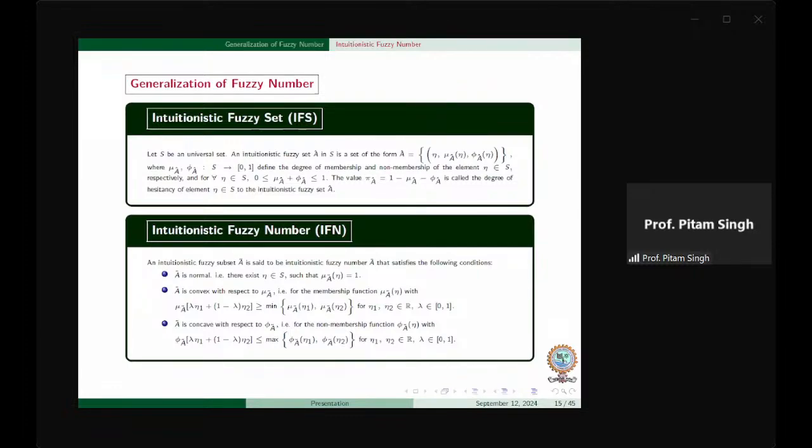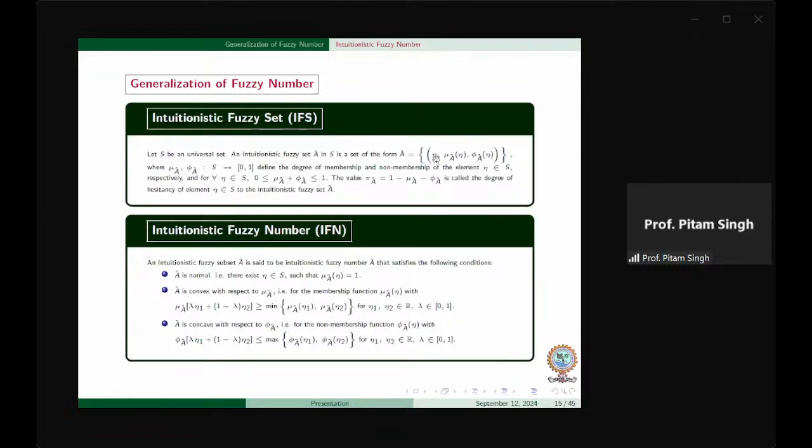Suppose S is a universal set. Then an intuitionistic fuzzy set A in S is a set of the form, where we consider the representation for the corresponding eta.